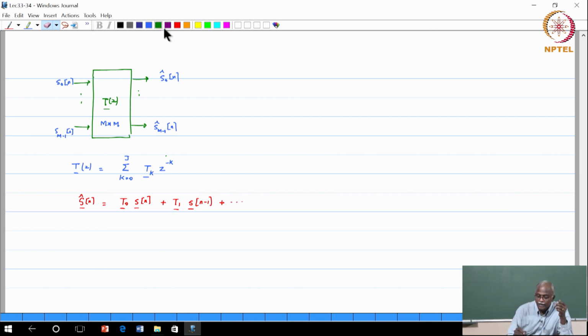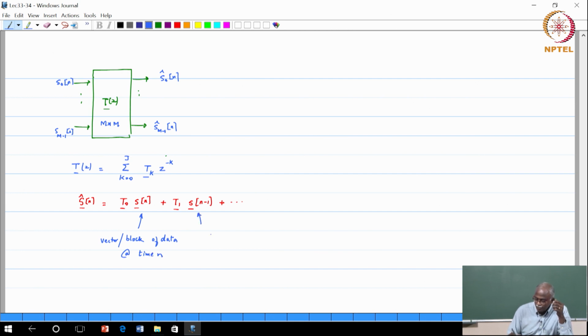So if I were to give it some terminology, this is the vector or the block of data at time n.